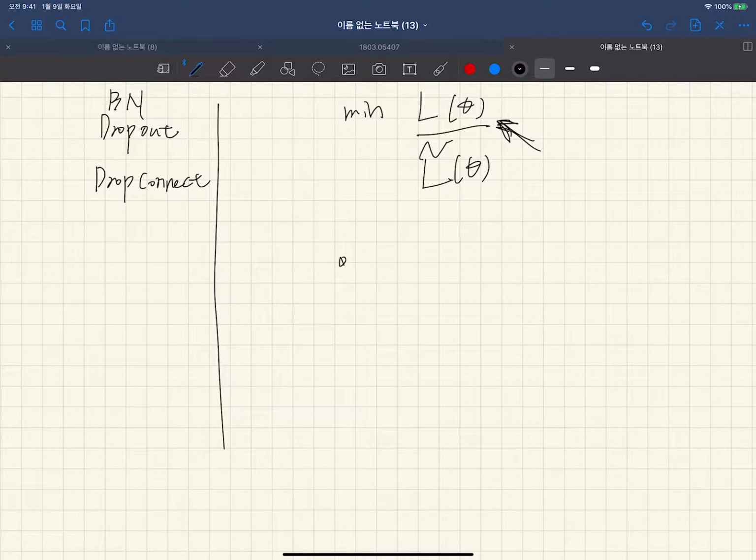So the dropout technique randomly removes some neurons at each time. Drop connect randomly removes some of the edges at each time, so that your training network has some perturbations, some random additional noise. So you train not the true loss function L zeta, but L tilde zeta, some perturbed function. This is for your training process.